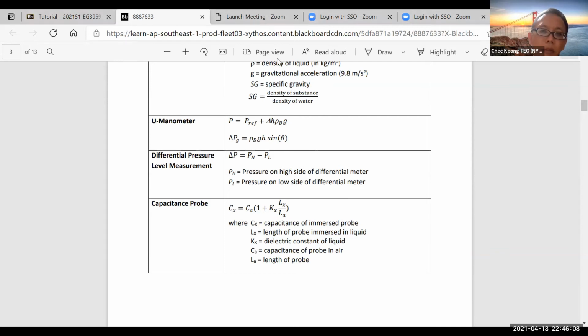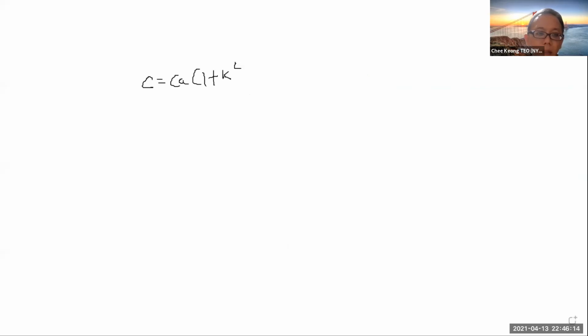So let's go back to the whiteboard again. So it is actually CX equals CA plus CA times KX over LX LA. I was guessing it partially correct.